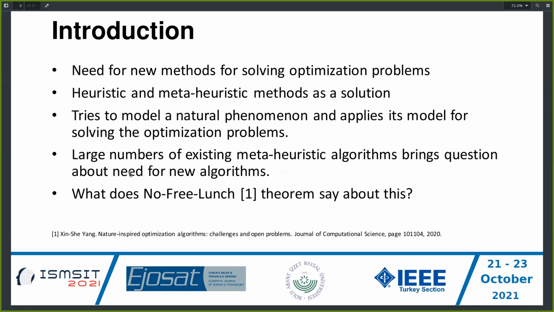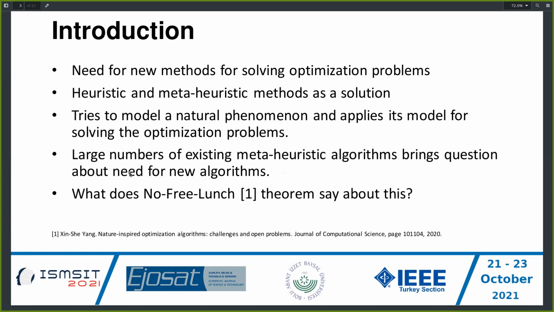As a solution for these, we're using optimization metaheuristic algorithms. What are metaheuristic algorithms? They try to model a natural phenomenon and apply that model to solve the optimization problem. Until now, there is a large number of metaheuristic algorithms, which brings the question: do we need more new algorithms?